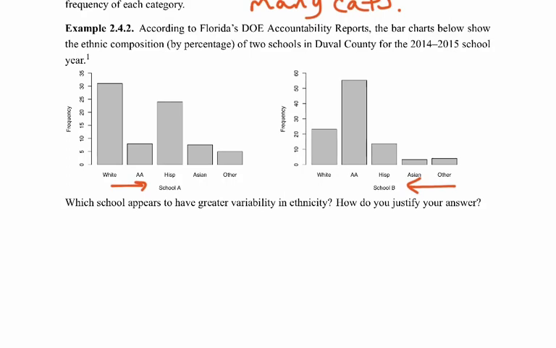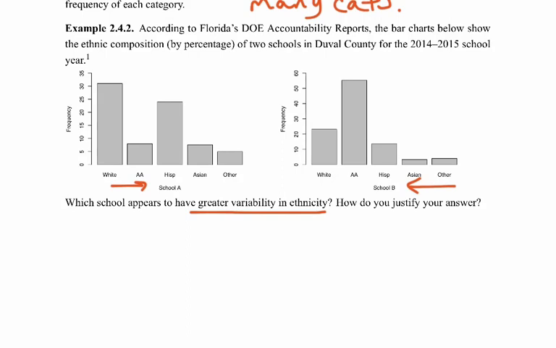I don't know if these are hundreds or thousands, but that's okay. We'll go with what they've got. They both have the same number of categories. What I want you to think about is which school appears to have greater variability in ethnicity. Which graph looks like it has more people in more categories?